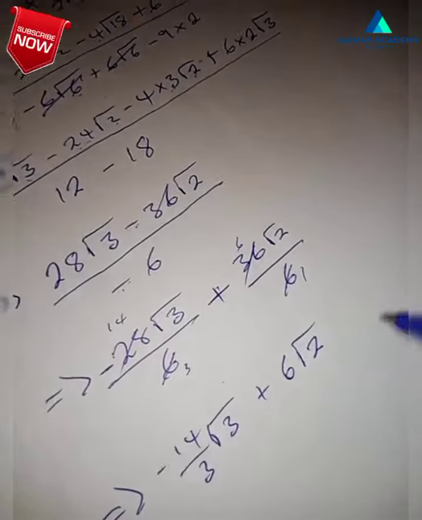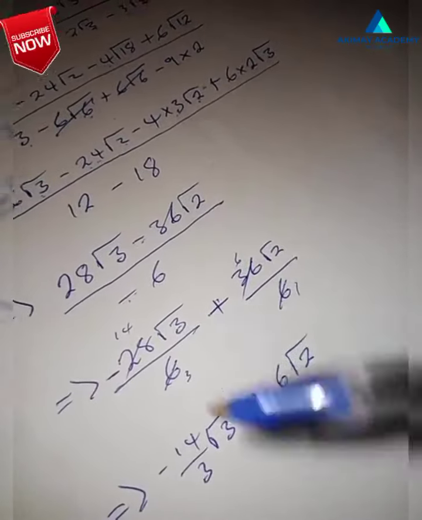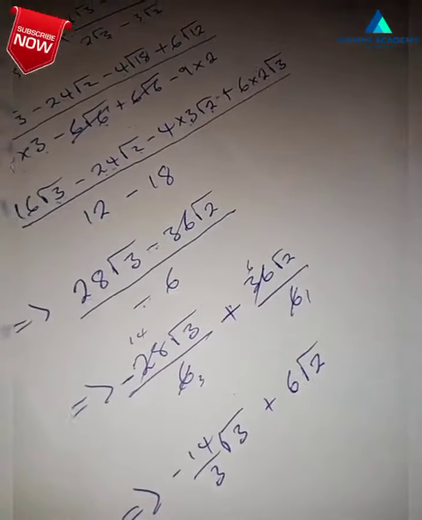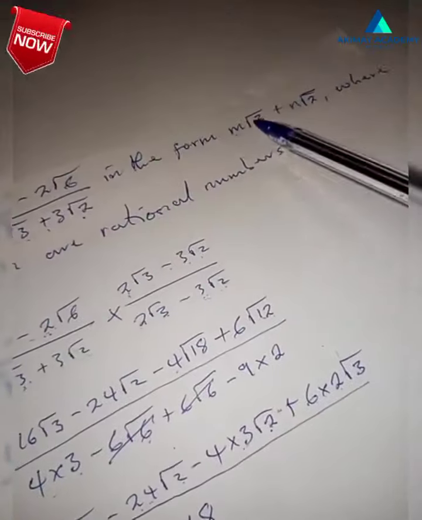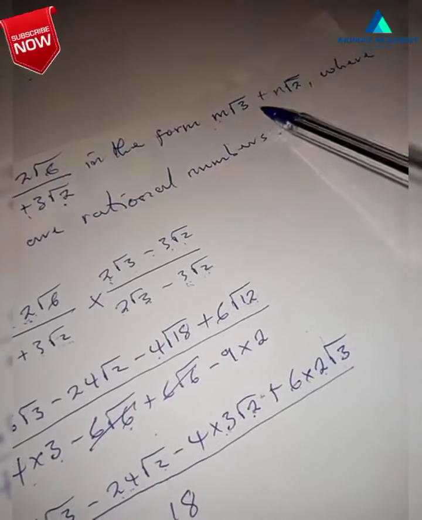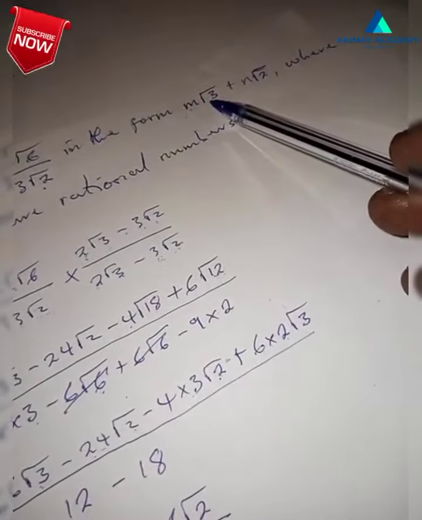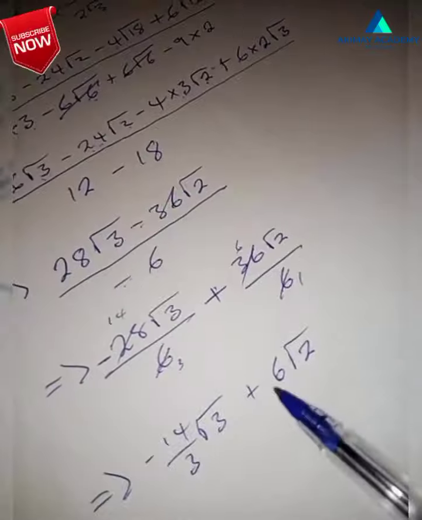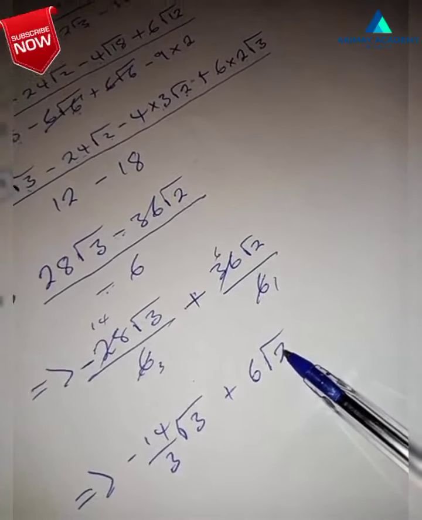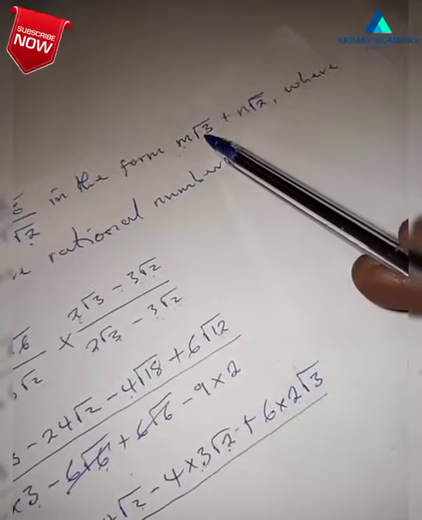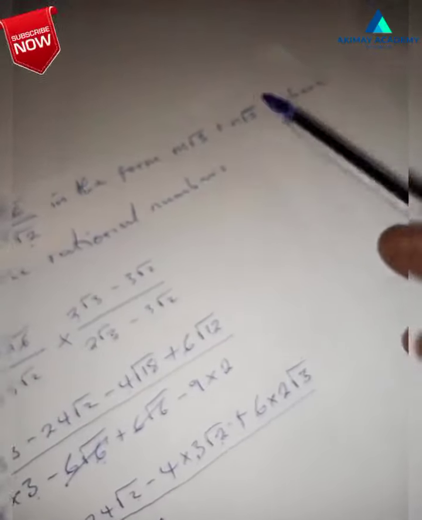Now, as I stated earlier, when you do it correctly, if you follow the procedure well, you realize at the end of the day, the value that they said you should find will reveal itself. So you can see that we have root 3 over here, and root 2 over here. Hope you can see that. Therefore, the numbers over here, they say we should find m and n.